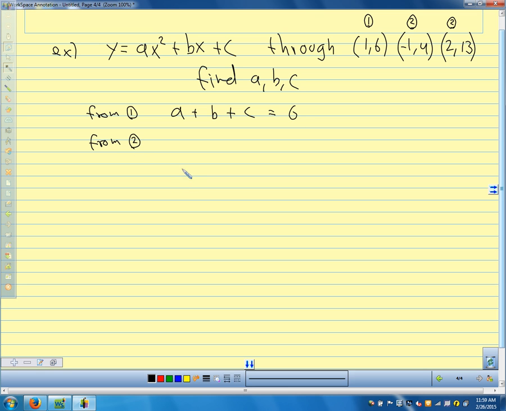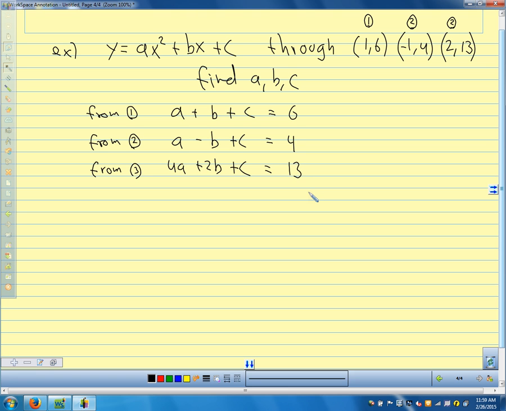From point 2, if I plug in negative 1, I get A, since negative 1 squared is positive 1, minus B plus C equals 4. And then from the third point, if I plug in 2, I get 4A plus 2B plus C equals 13.